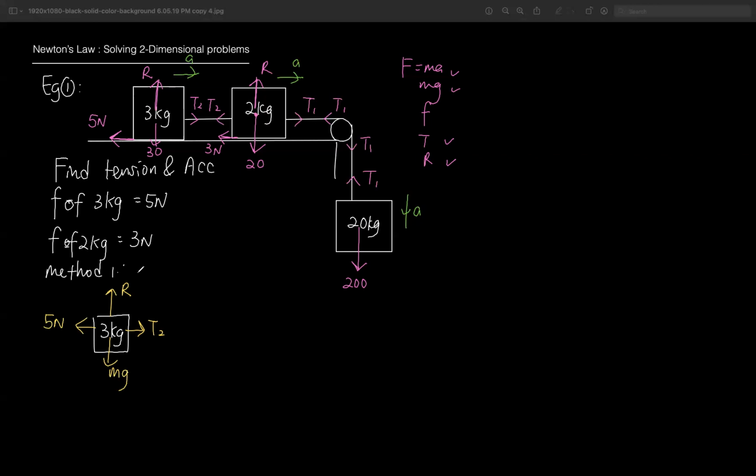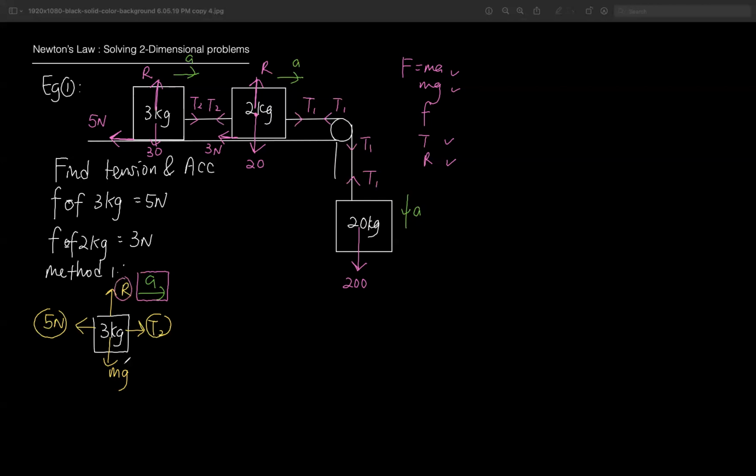Now, where is the acceleration? For this body, the acceleration is towards the right. Applying Newton's second law, if acceleration is towards the right, that means my resultant force is towards the right. So T2 has to be greater than 5 Newton. We don't look at R and mg because the acceleration is going to the right, so vertically the acceleration is 0.